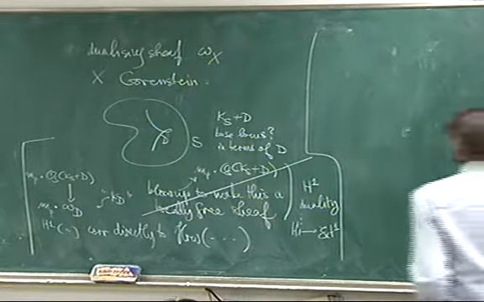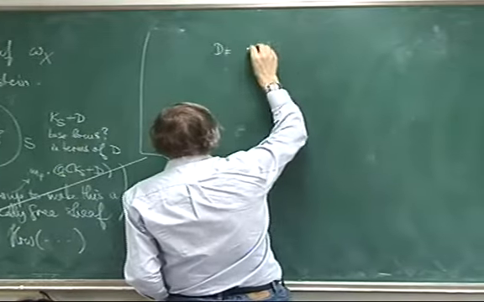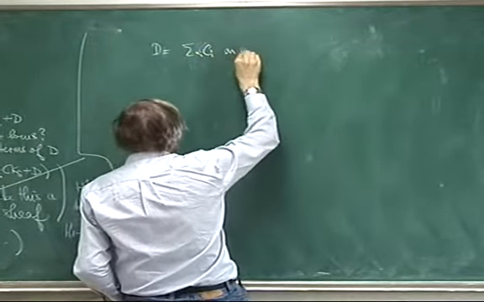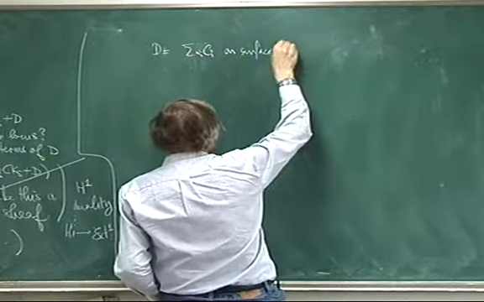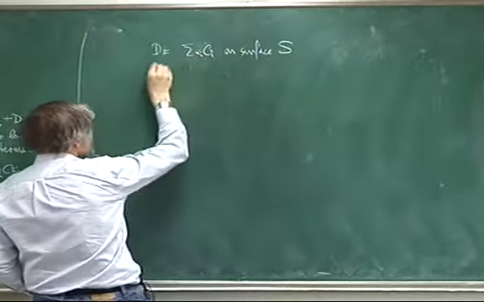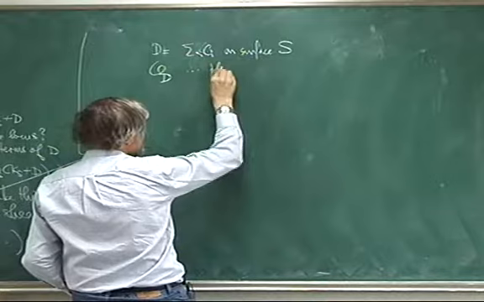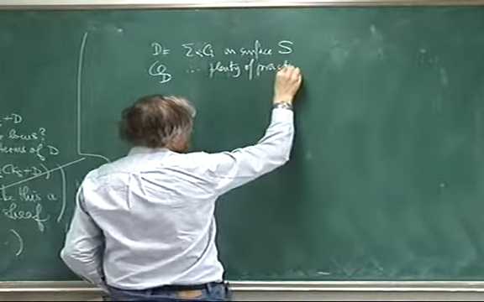So first of all, if D is some sum of NiCi on a surface S, then we have the OD. We have plenty of practice working with this.